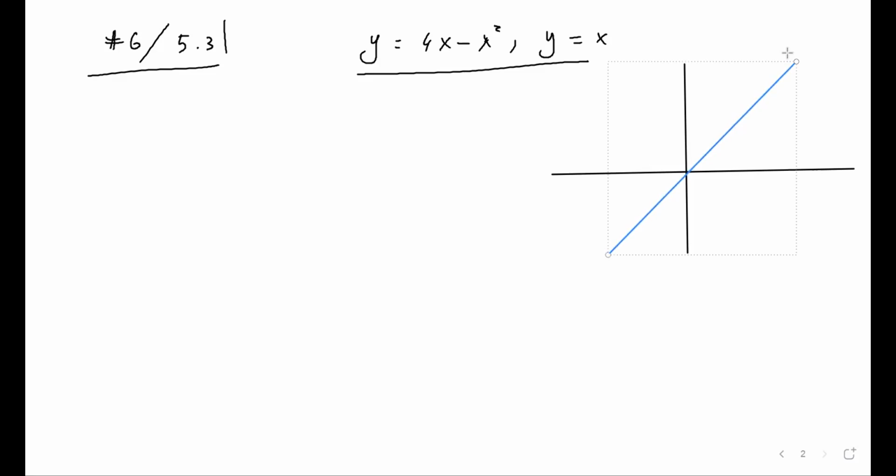It's going to be something like this. This is y equals x. And finally, y equals 4x minus x squared. Let's do that with red. So it goes something like this.